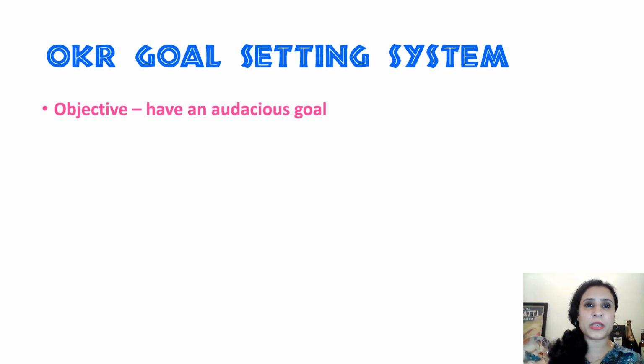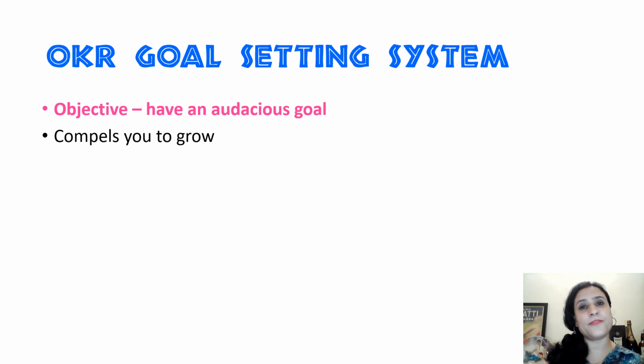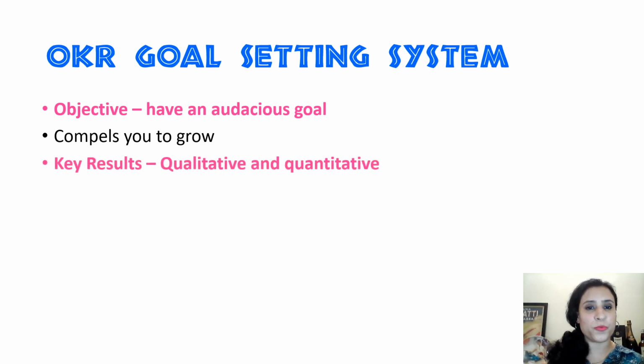Even if you're able to achieve only 60 to 70% of the big dream or the big goal that you set out for yourself, you will still be better than a lot of your competitors, as compared to having a very small goal which your team is able to achieve very easily, and hence nobody feels motivated to step out of their comfort zone. So you should have big goals so that everybody feels compelled to grow.